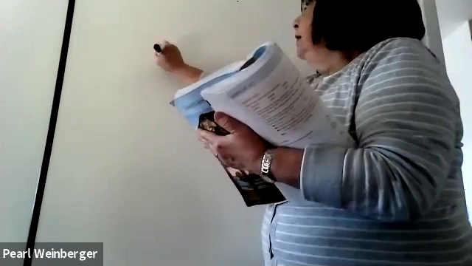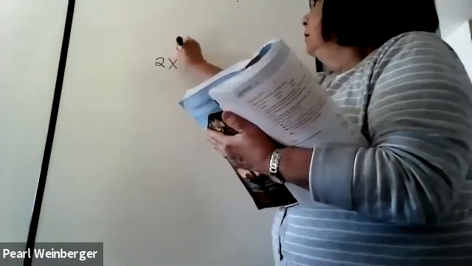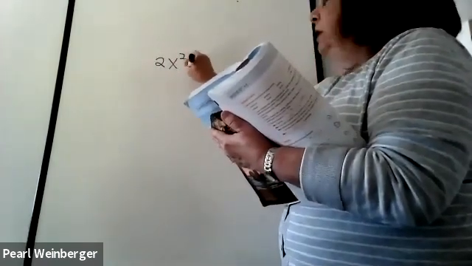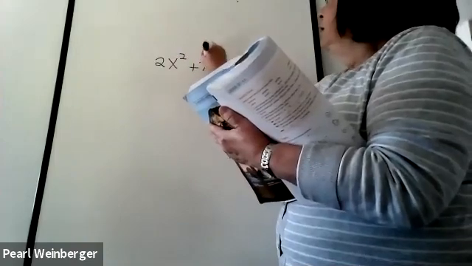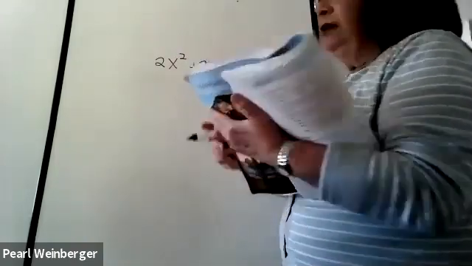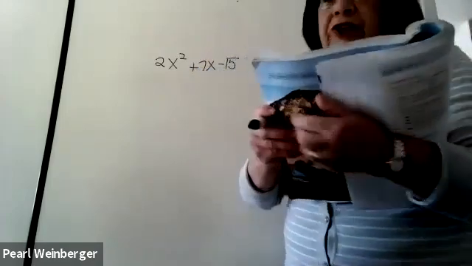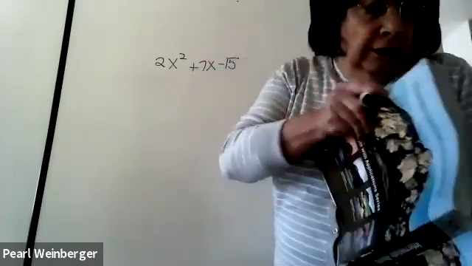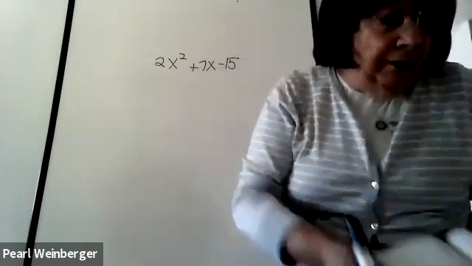What do I mean? Let's say I had something like this: 2x squared plus 7x minus 15. If anybody's interested, I'm using the textbook and it's section 4.4, so if you want to know what type of problems I'm looking at.